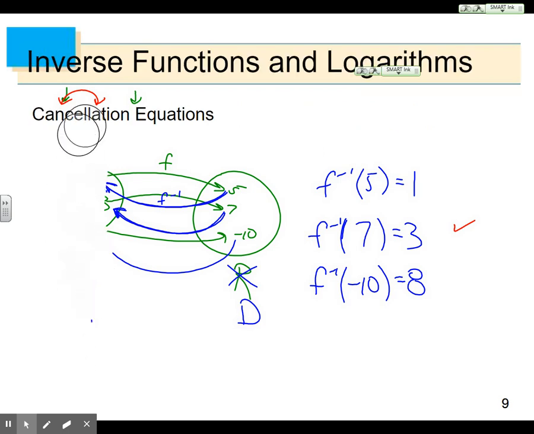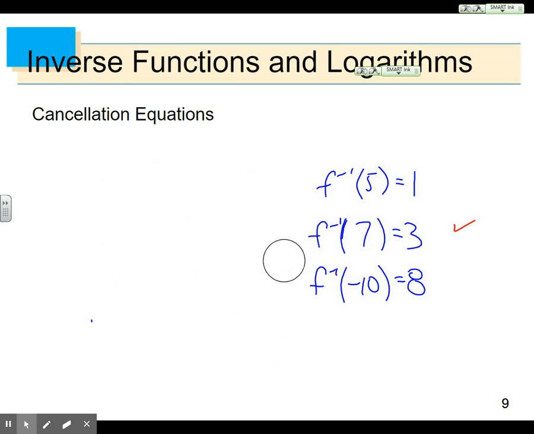So what this is going to allow me to do is have some cancellation equations.